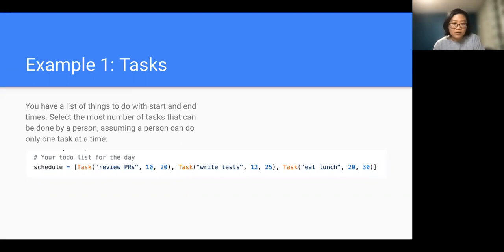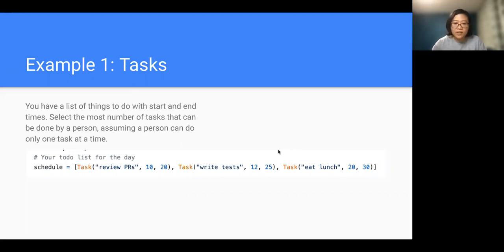You can see here you have a task called review PRs, which starts at time 10 and ends at time 20. We have a task called write tests, which starts from time 12 to time 25, and another one called eat lunch, which starts at time 20 and ends at time 30. So here we have a list of tasks, and we said we can only do one at a time.